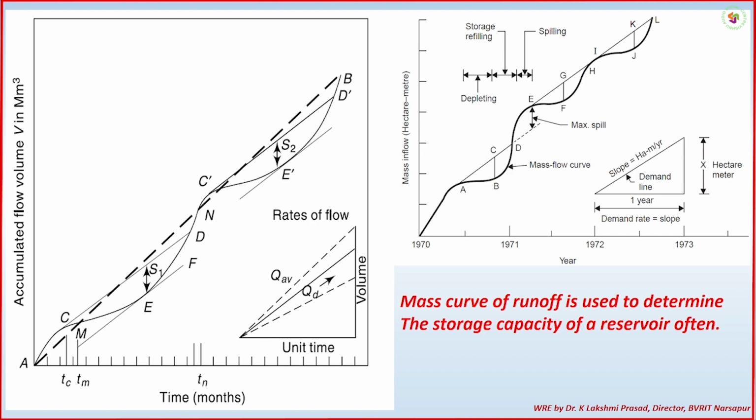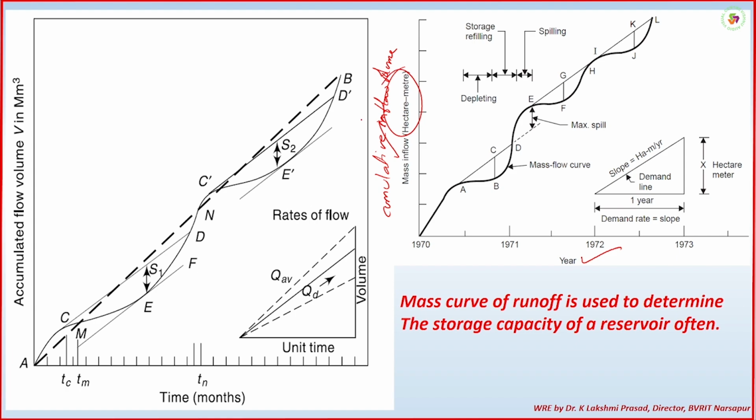Suppose this is the mass curve which we are getting. On the x-axis, what have we taken? Year. On the y-axis, it is cumulative inflow volume, please remember. That is why it is in hectare meters.